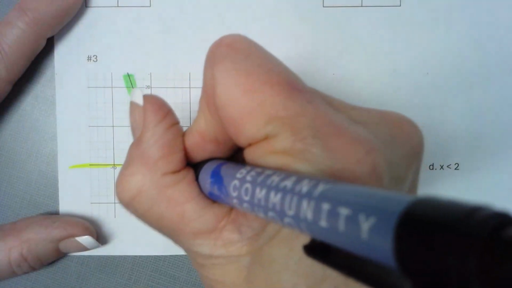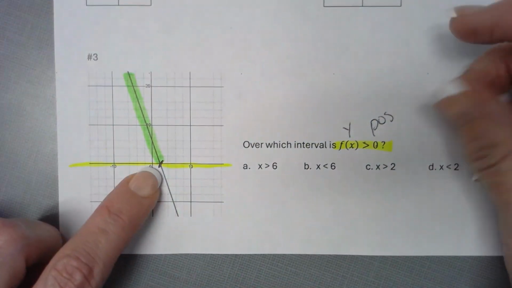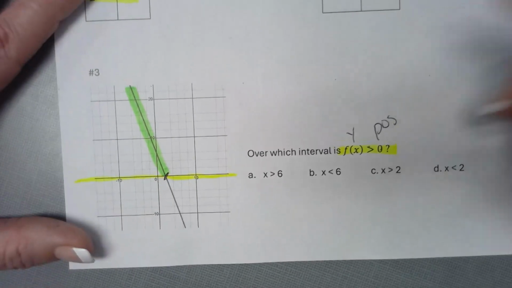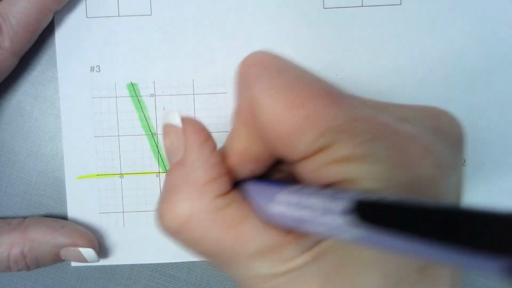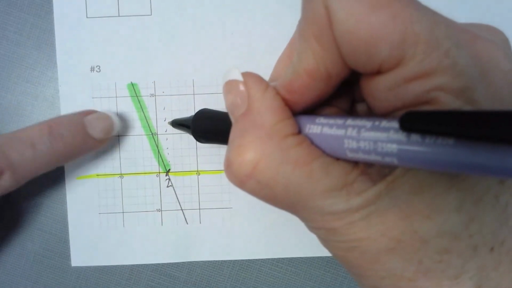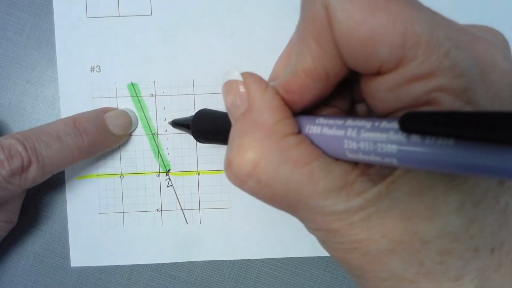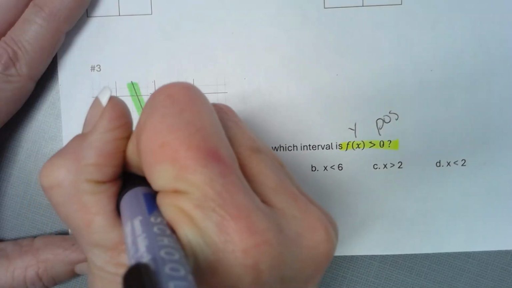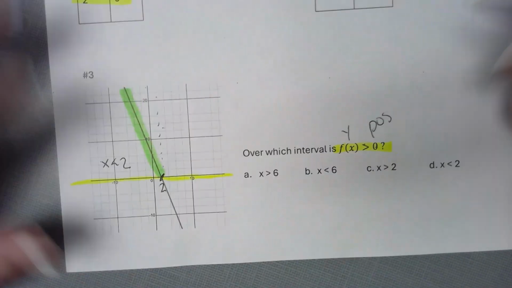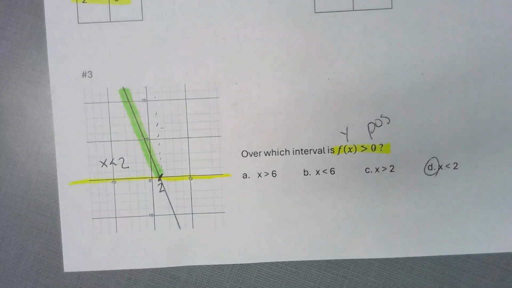It's right here. What is that x value? It's 2. Now, y'all, if I put an imaginary line here, it's easy to see. Is this line on the left or the right side of 2? It's on the left. Well, on the left is where x would be less than 2. So the answer is D.